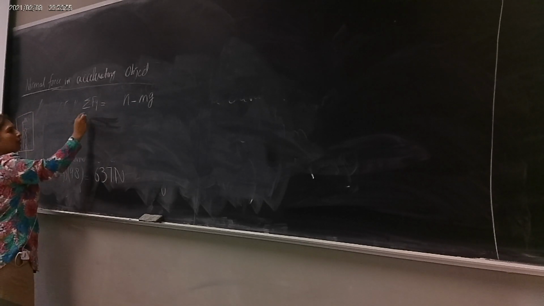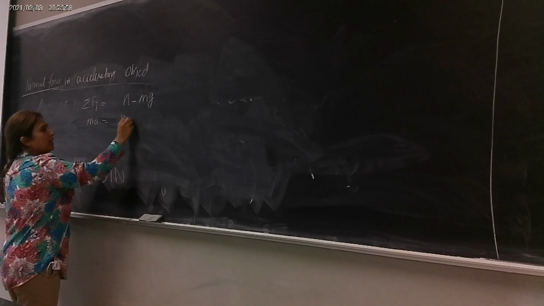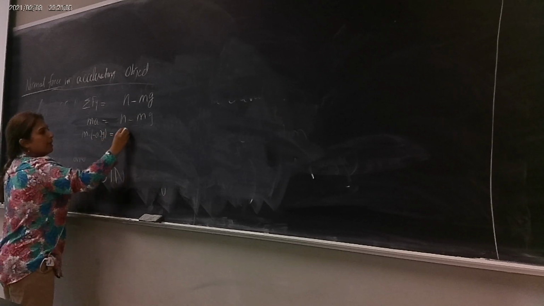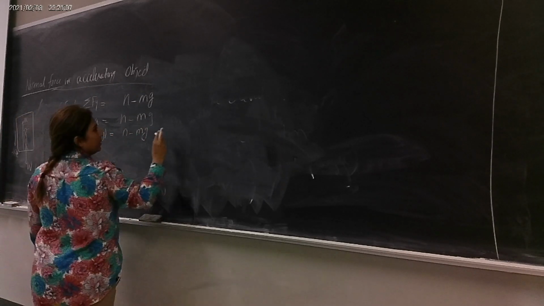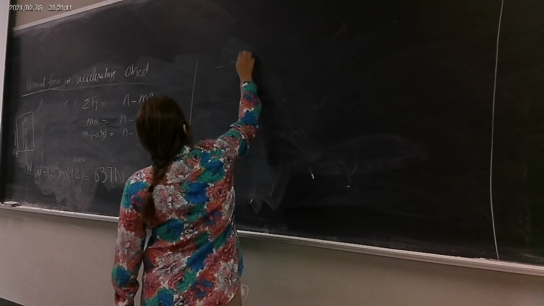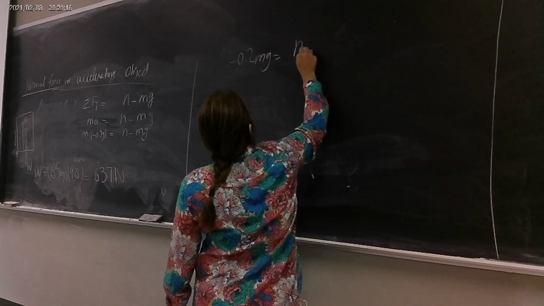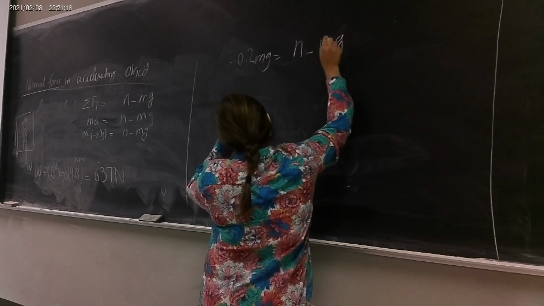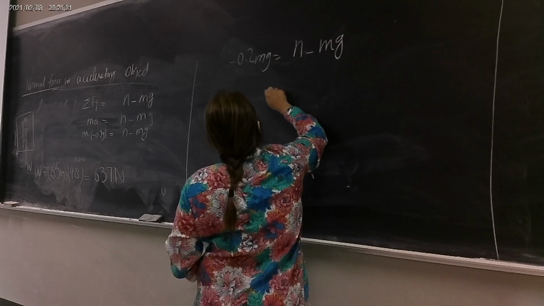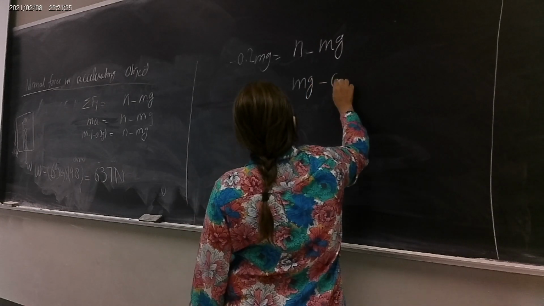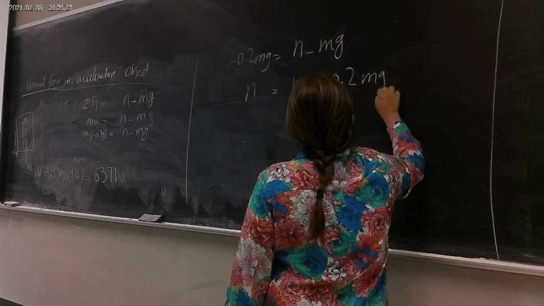Let me write it down as ma first. N minus mg equals ma. Now a is negative 0.2 g. The left hand side becomes minus 0.2 mg, equal to N minus mg. N would be equal to mg minus 0.2 mg.